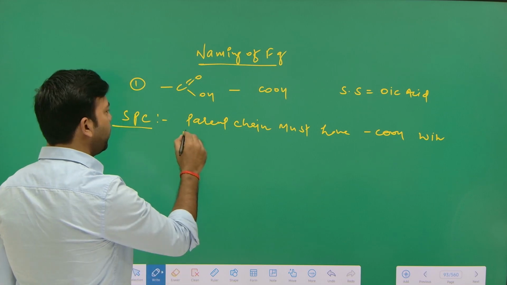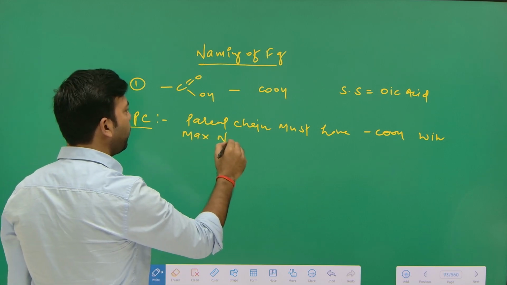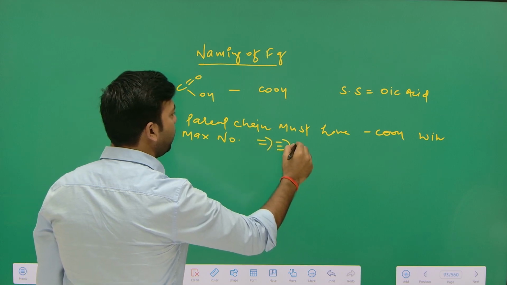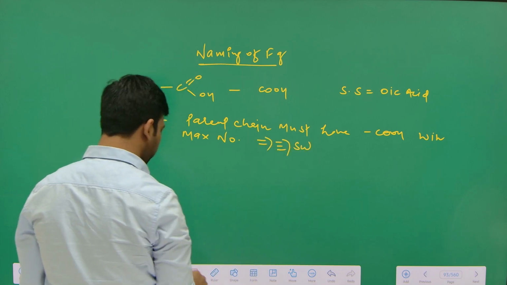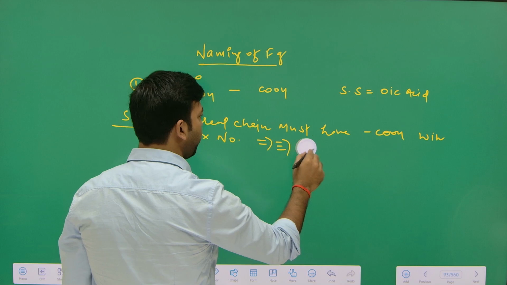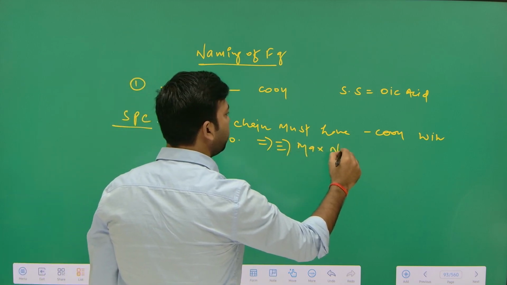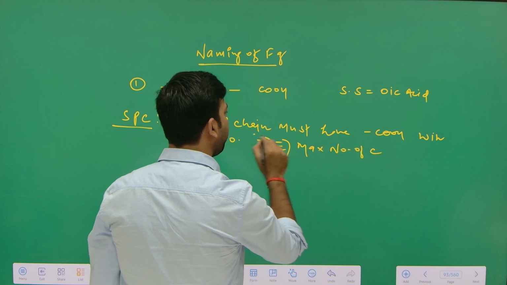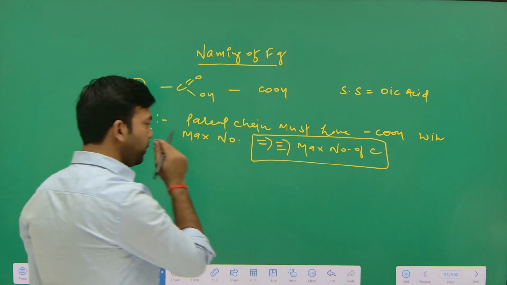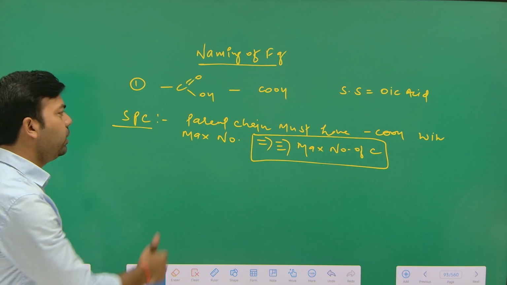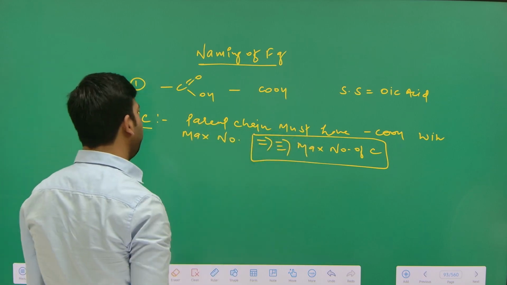Then use this priority: maximum number of carbon, double bond, triple bond, and substituent. Carboxylic is my functional group, so it should be in the chain, and then you have to include all of these in the maximum number.